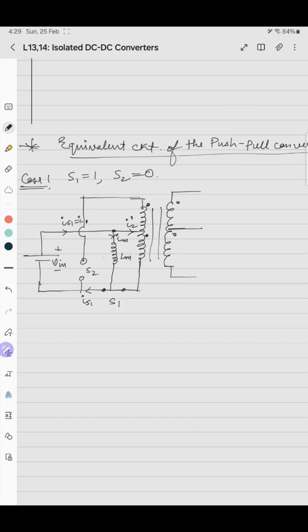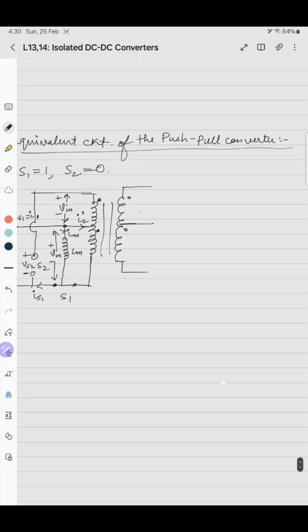Here the voltage induced is V in, with plus here and minus here. Similarly, as per the dot convention, V in voltage is induced here, plus and minus. Vs2 will be equal to V in, because switch S2 is turned off. So the voltage induced across the secondary will be V in into Ns by 2 divided by Np by 2.